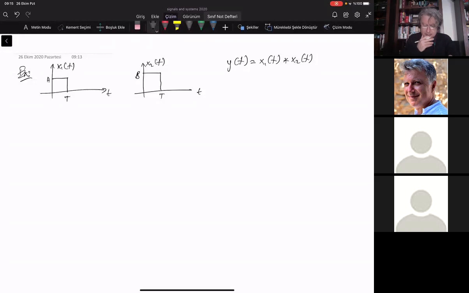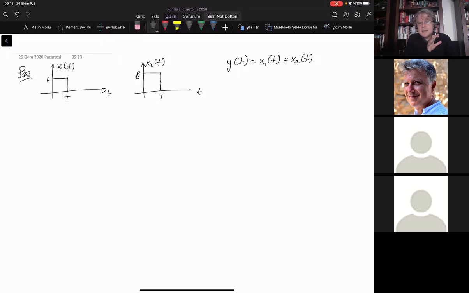Let's consider the same shape, just shifted. We will flip around one of them. Let's fold the x2 of t, the second signal, and slide it on the first one.